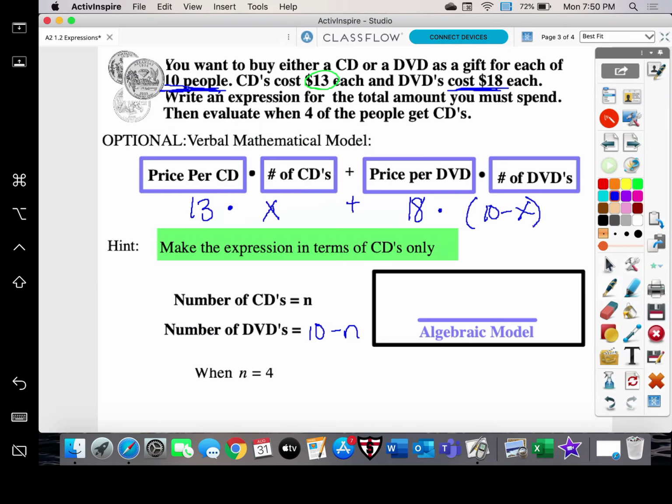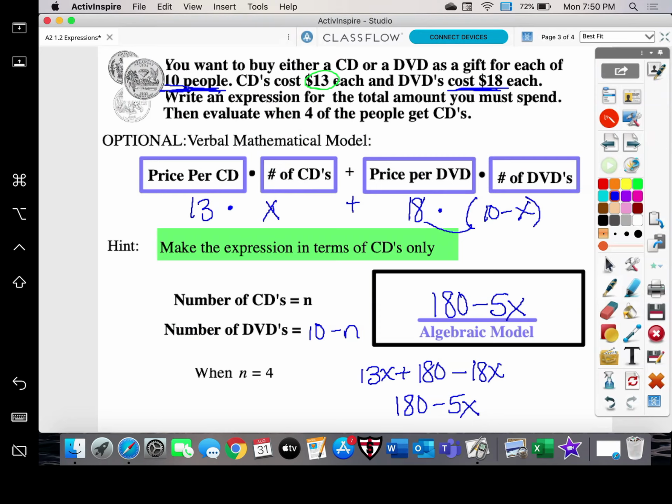I could simplify things a little bit. If I distribute, so 13x plus distributive property here, 180 minus 18x. So it looks like I simplify it to 180 minus 5x. And that's what we would call our algebraic model for that box.